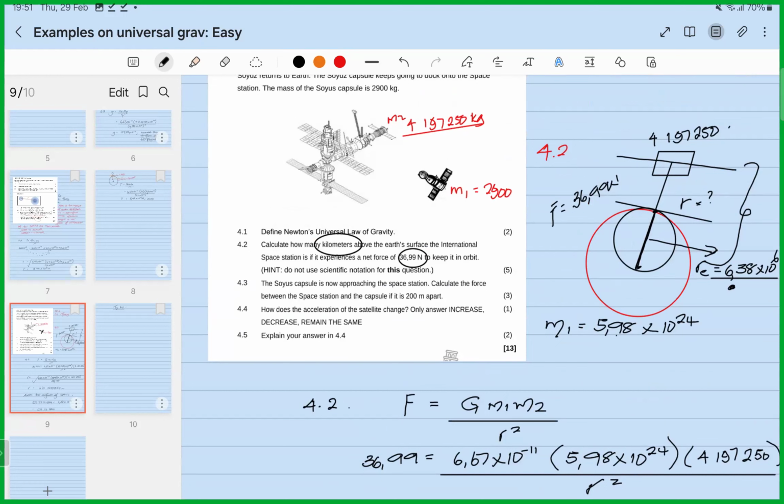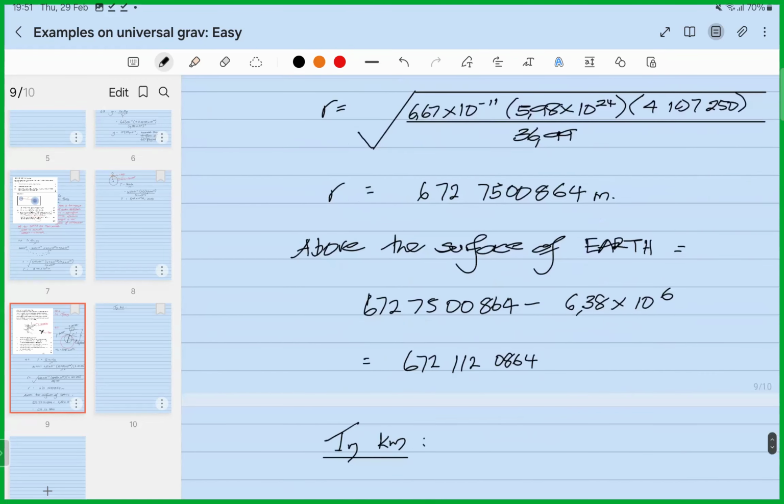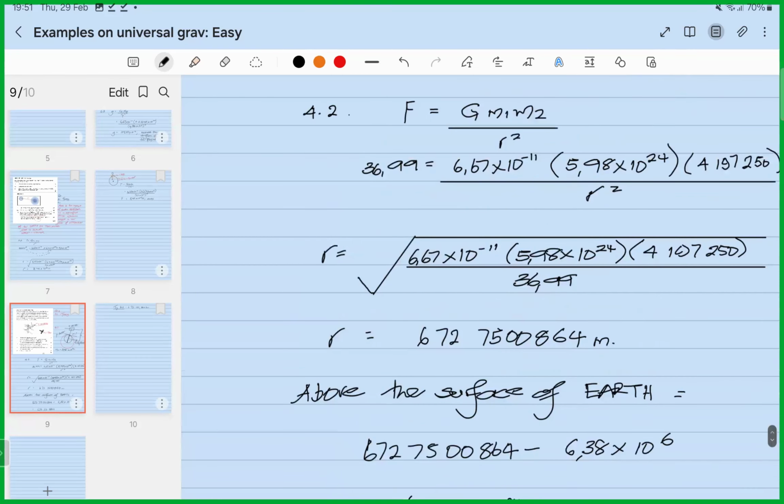Is the answer 6 billion? It looks like it's 6 million in terms of kilometers, because if you put the decimal there, it'll be 6,721,120,864 kilometers. And you're right, that's ridiculously large, isn't it? There's something amiss with the question.